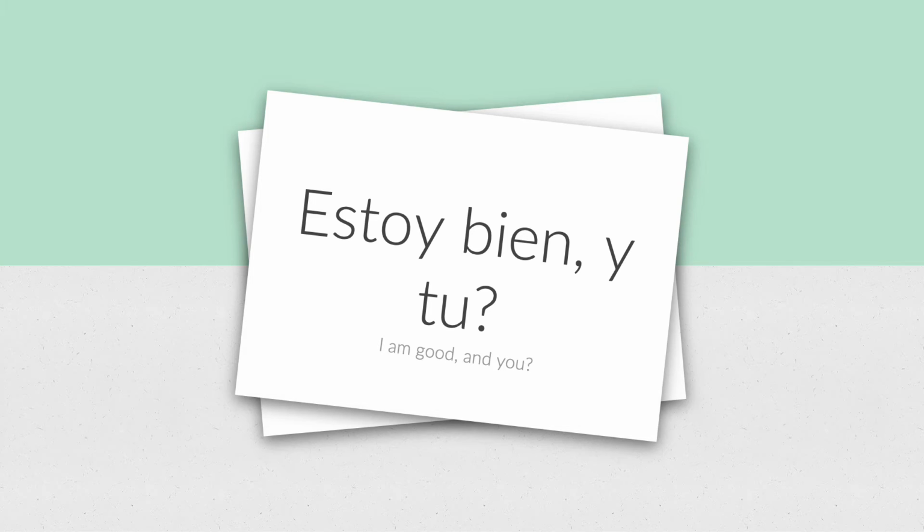Estoy, you're stating your state of being. Estoy bien. I am good. Y tú, and you. The letter Y is pronounced like the English letter E. And it also is the equivalent of and. So when you say y tú, you're saying and you.